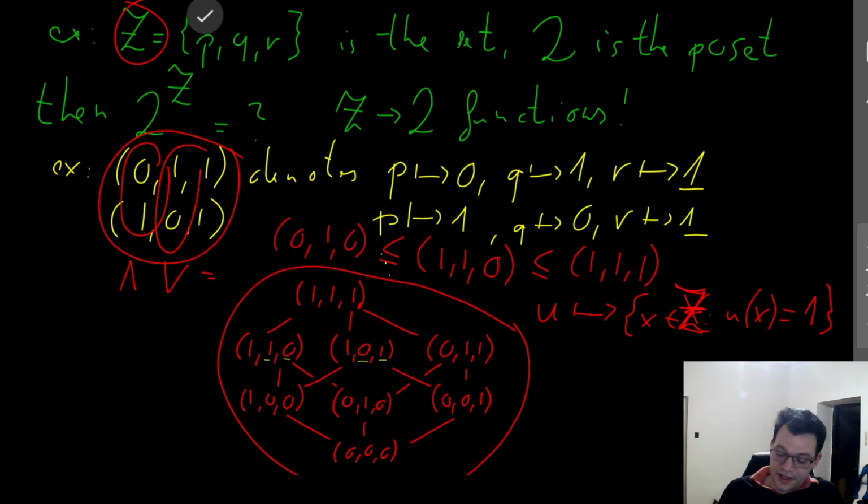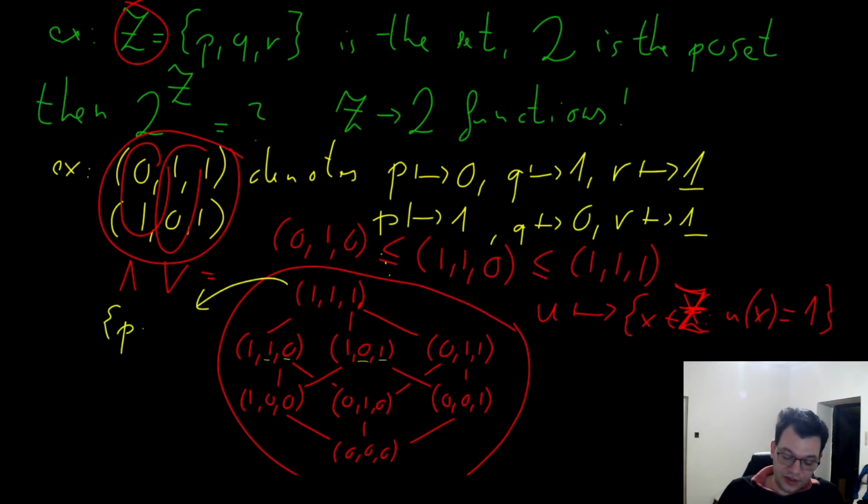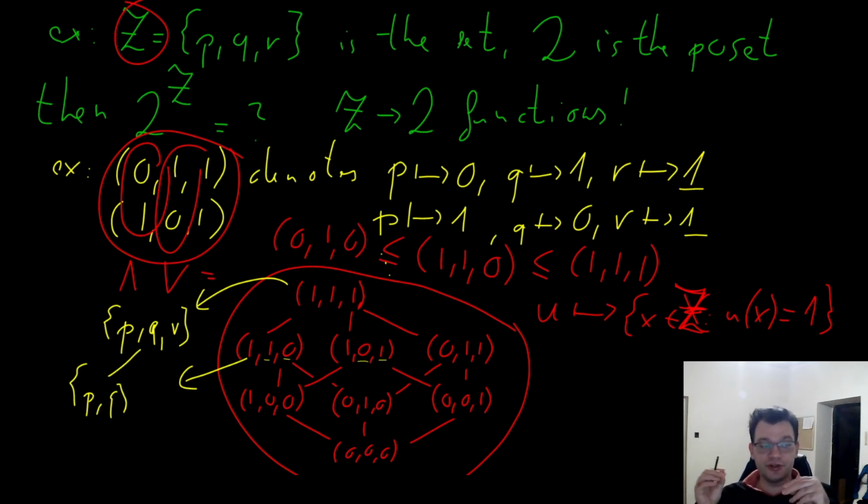So in that case those will be included in the set which have a value of 1, so this one here will be PQR, this one there will be PQ, and so on. And of course the relations are preserved. So if in the original poset there was a relation between two elements, then and only then will there be a relation between the images of these two elements.